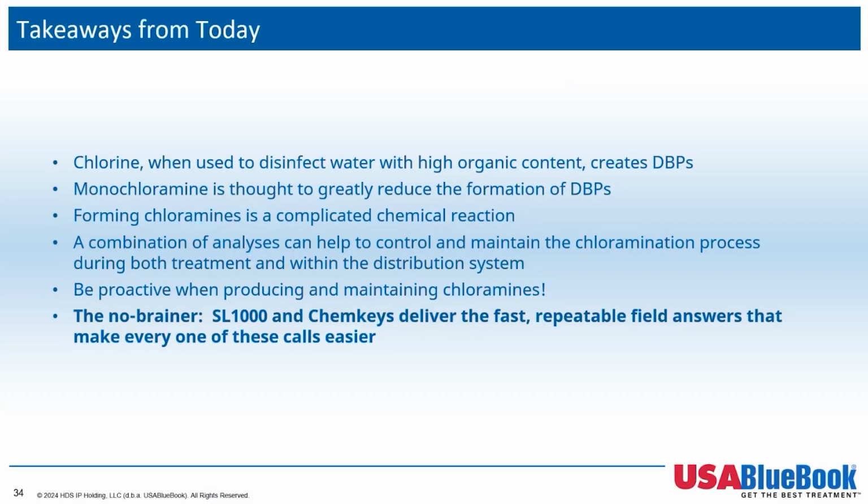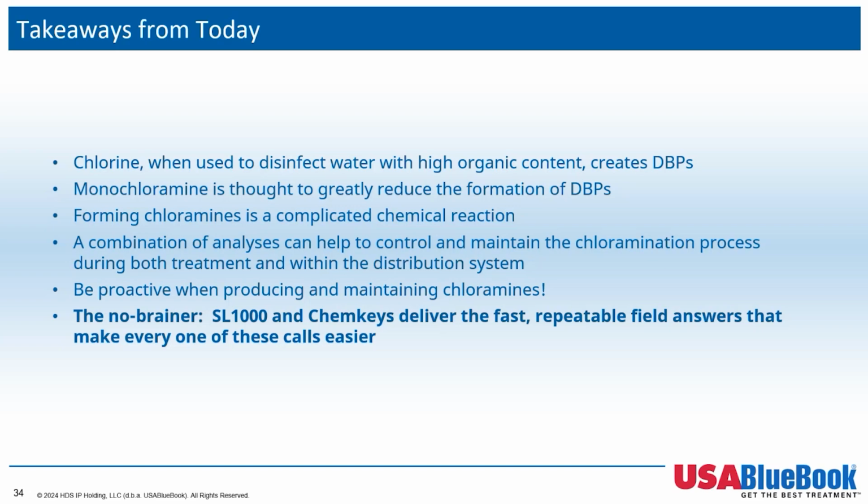Now, these are some closing points worth carrying with you. Chlorine that is used to disinfect water with a lot of organic matter in it makes disinfection byproducts. Those are regulated. Monochloramine largely solves that, but hands you a more complicated reaction to run.